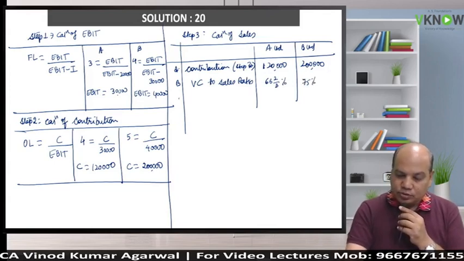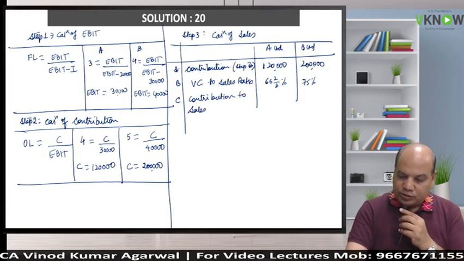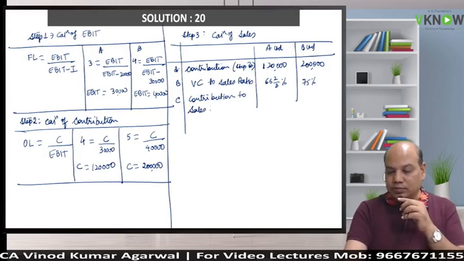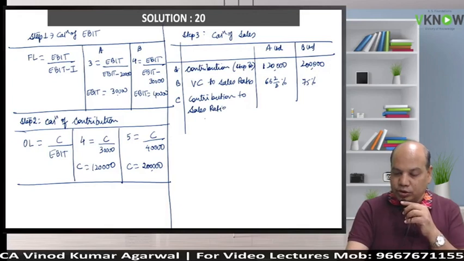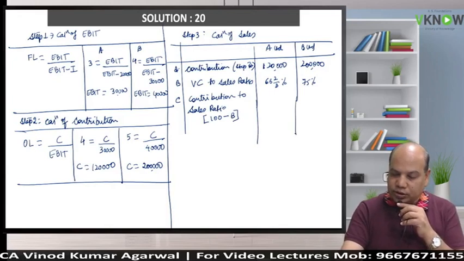So can I say contribution to sales ratio? If variable cost is 66 2/3%, then contribution to sales ratio will be 100 minus point number B. 33 1/3% and this will be 25%.